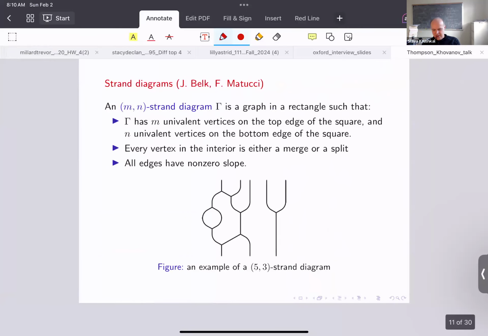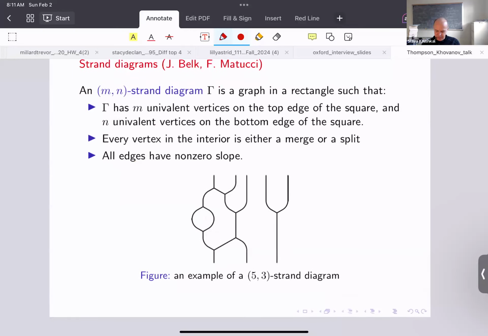Okay, so now let me move on and discuss strand diagrams. This is a different representation of elements of the Thompson group, and this is due to Belk and Matucci in the mid 2000s. So this is a more general diagrammatic object than just a pair of trees.